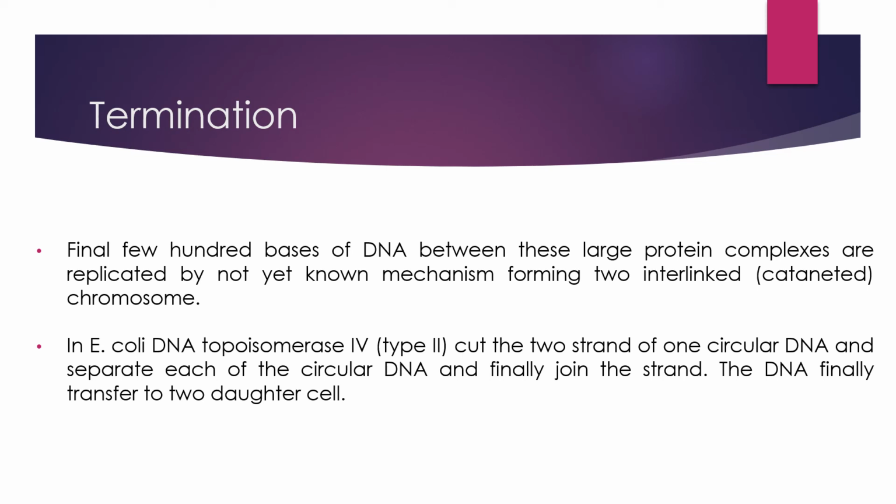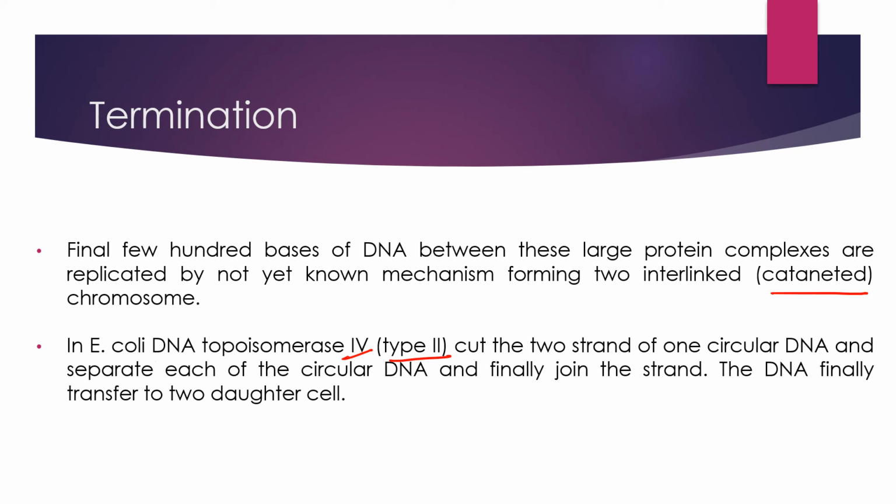But at the end of the replication, what happens, two interlinked chromosomes are formed, which are also called catenated chromosomes. I will show you the diagram of it in the next slide. And in E. coli, DNA topoisomerase 4, which is also type 2 topoisomerase, cuts the two strands of one circular DNA.